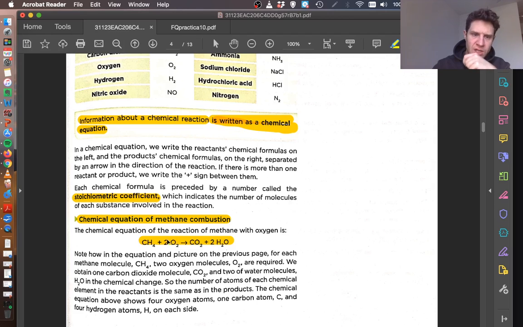And we separate the different molecules with a plus. And arrows, very important, separate reactants from products.